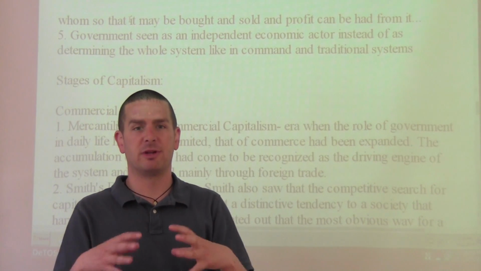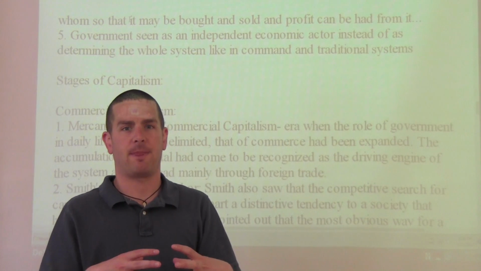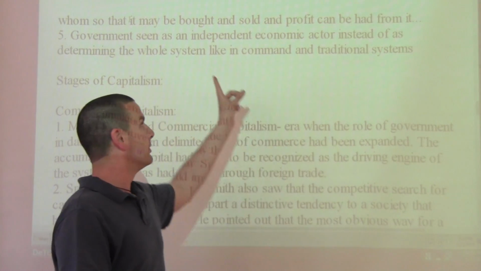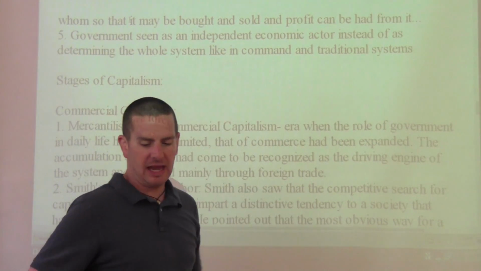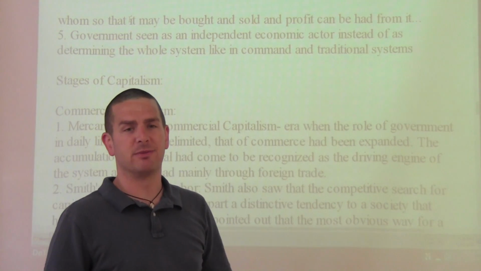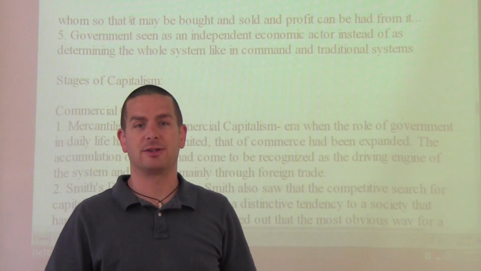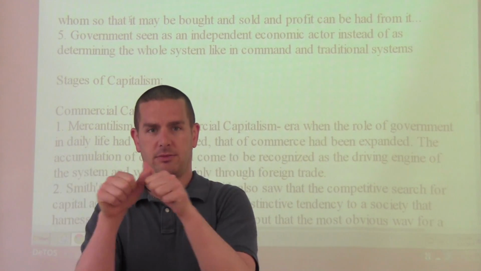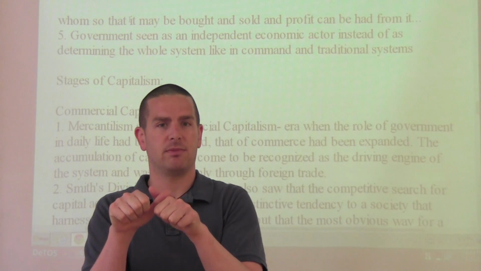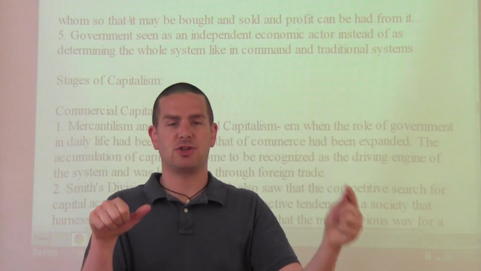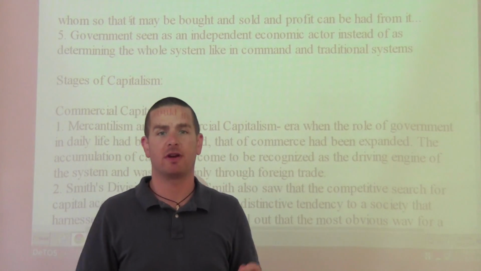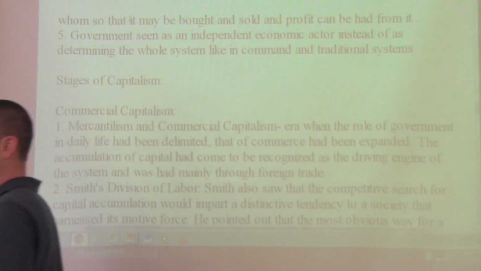Government said make more stuff, you made more stuff. Well, now, in capitalism, you need the government to be seen as an independent actor. You have this market with supply and demand coming together, and the government can choose to either get involved in the market or not. So the government's an independent actor.